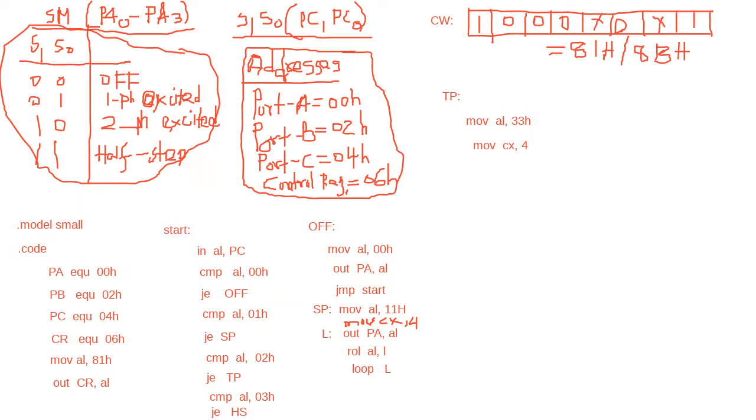And then out port A comma AL. Then here we have a label, for example, here M. This label here, M label.